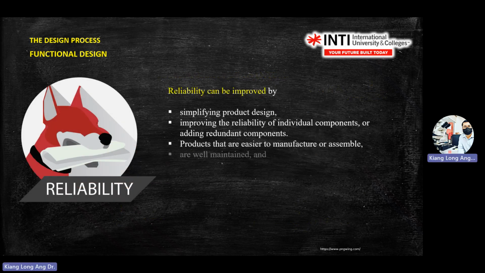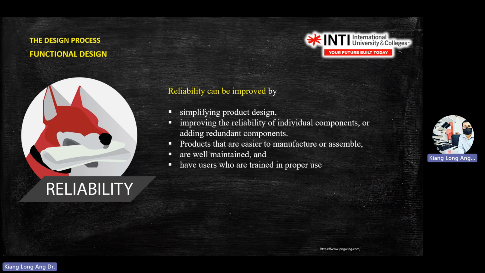Okay, these are the steps that can improve your reliability. From the equation that we learned, you try to reduce components inside the design, because the more components you have, the lower the reliability. So improve by simplifying the design and improving the reliability of the individual components, because the equation you use is R1, R2, R3.